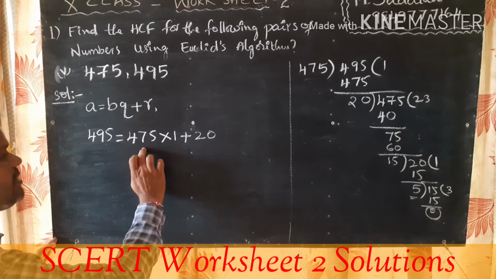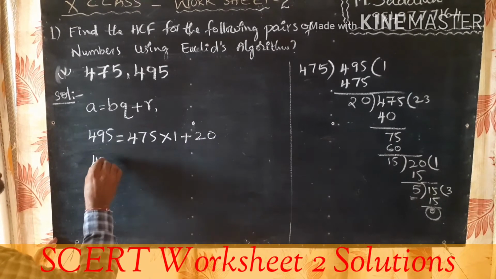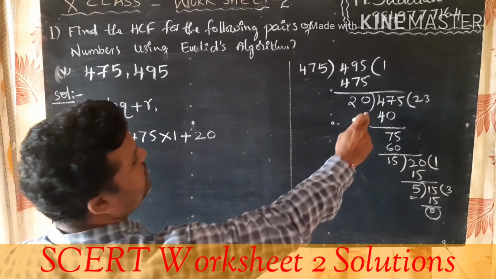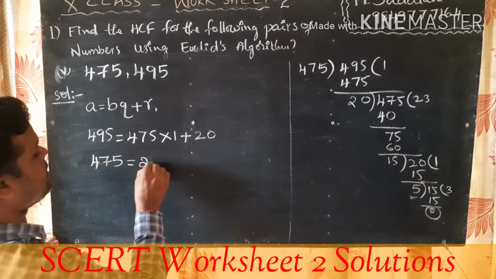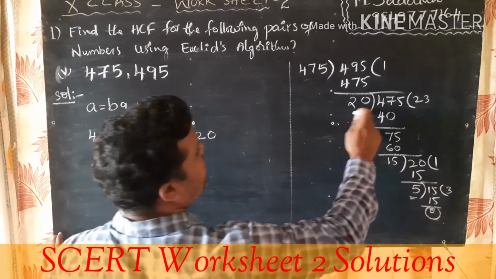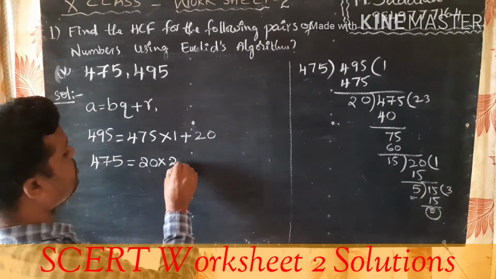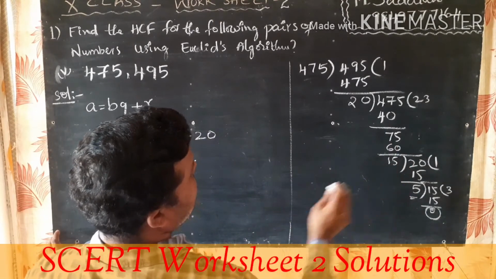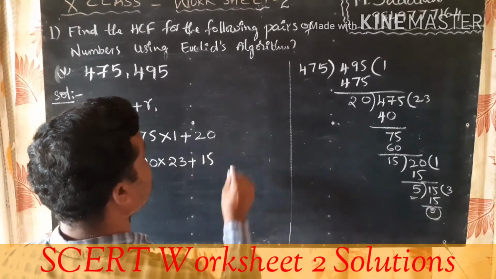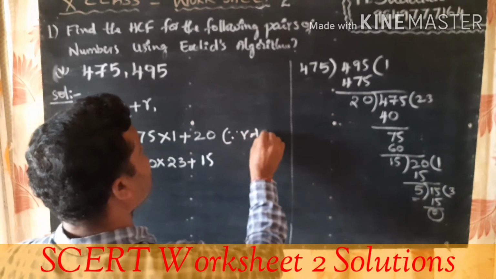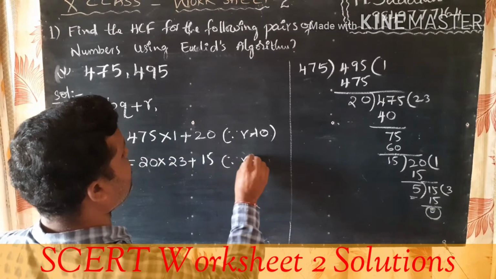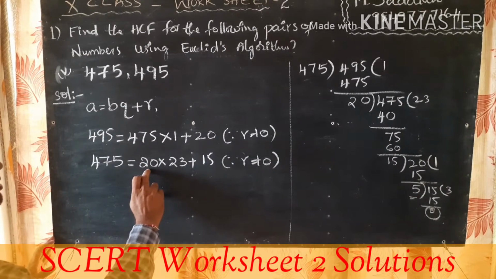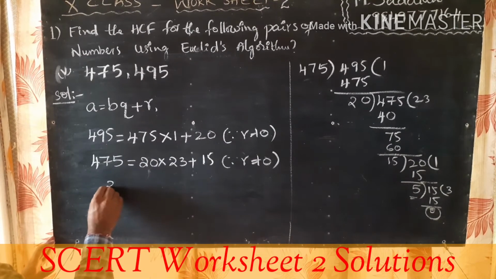Then again 475 is placed as the dividend, and 475 is divided by 20. The quotient is 23 and the remainder is 15. Since the remainder is not equal to 0, we will continue the process. Here also the remainder is not equal to 0. Now whatever the divisor is, we will take it to the left-hand side.